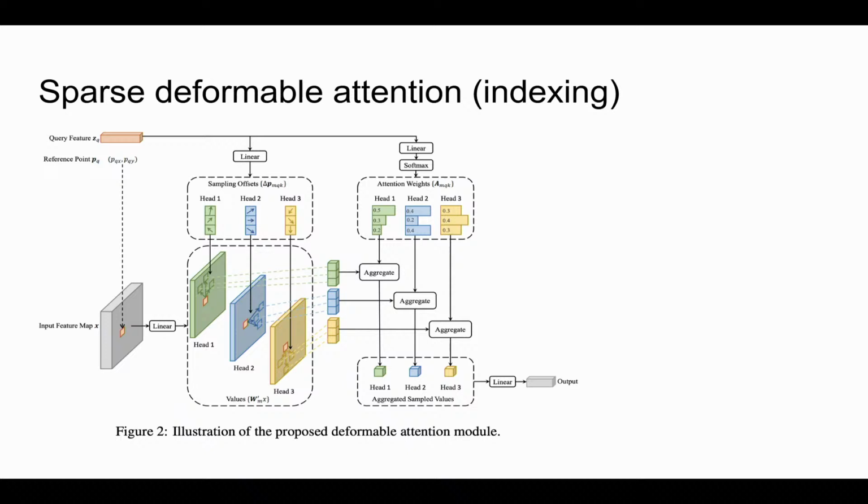And you basically use these values to mix the values from all these 4 pixels in a similar way as in attention. And this is differentiable.